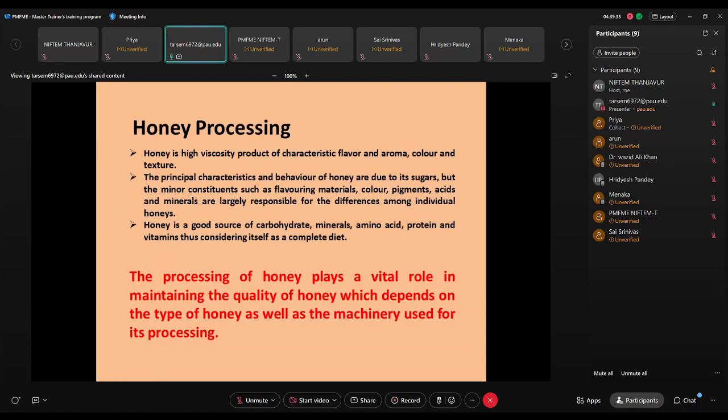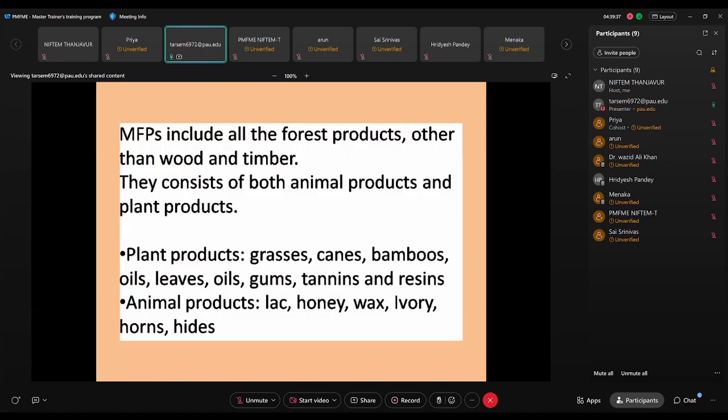So if we start with some of the produce for their processing, honey is a major domestic as well as commercial level industry in our country. It is produced wildly in the forest also, or it can be commercially produced by using artificial equipments for the honeybees.